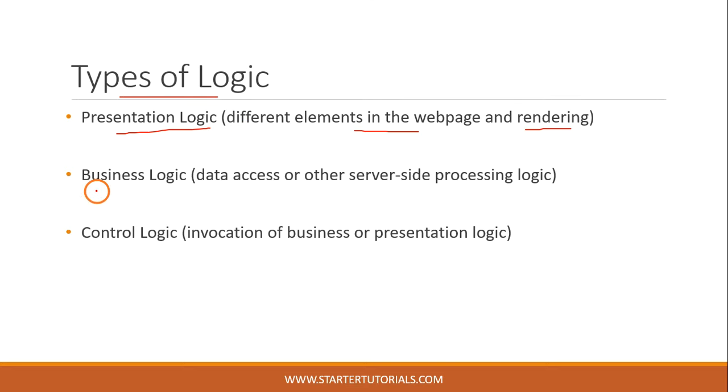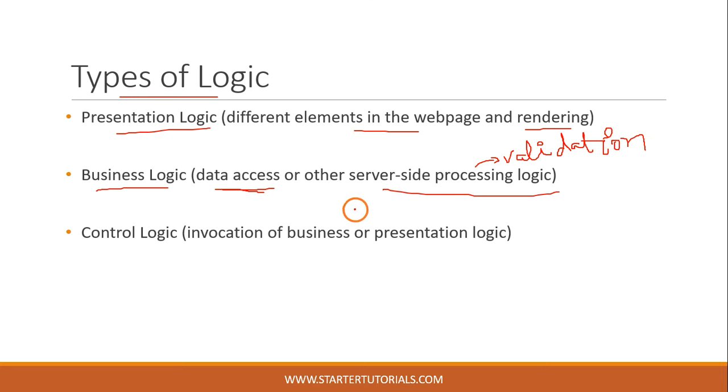The second type of logic is called business logic. Business logic deals with data access logic or any other server-side processing logic. For example, you can have validation logic, or the code that you use for validation.